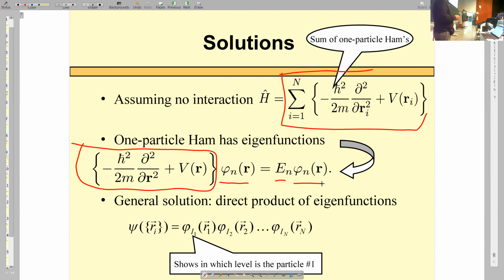So with this, we can figure out what the general solution of the Schrödinger equation is. It is a direct product of these eigenfunctions. It's good that we don't have interaction, otherwise it wouldn't be a direct product; these terms would be mixed.